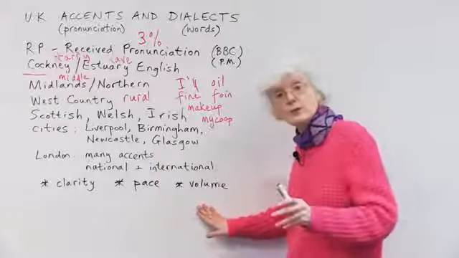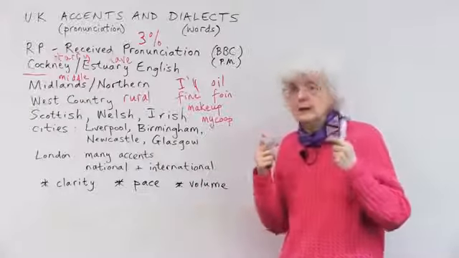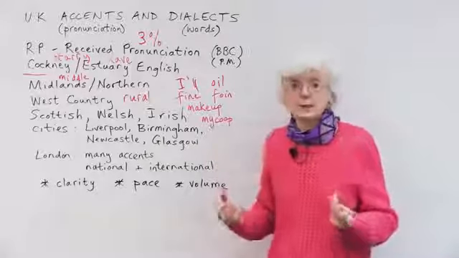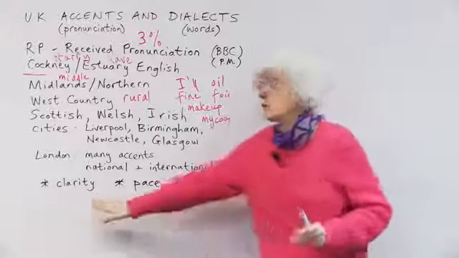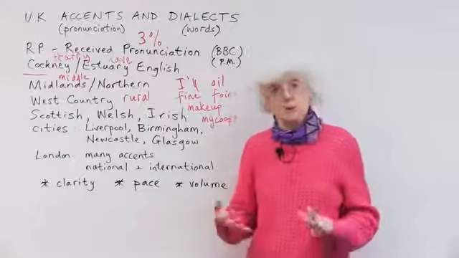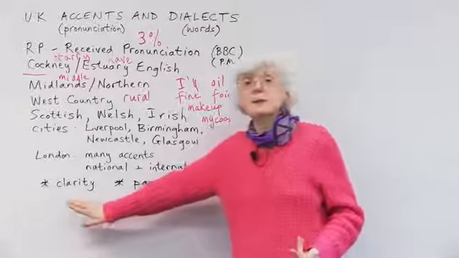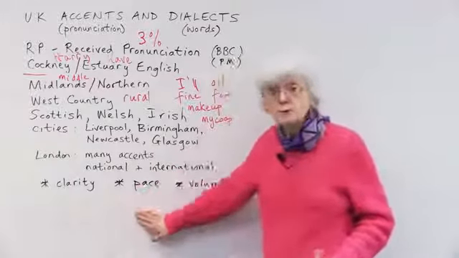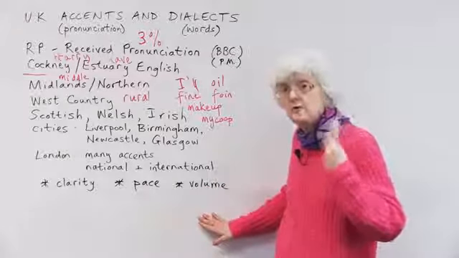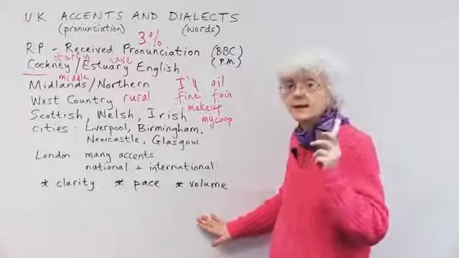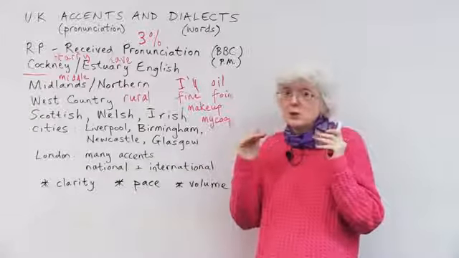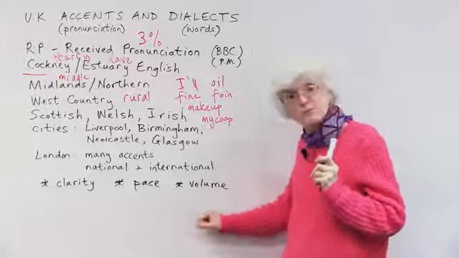And volume, sometimes people speak very quietly and you need to ask them to speak more loudly, to speak up. So those are the three main things. Whatever your accent, don't worry too much about your accent. Just try to be clear, don't speak too quickly, and speak with a good volume, not too quietly. Don't be so shy about making mistakes that you speak too quietly. Make it fairly loud.